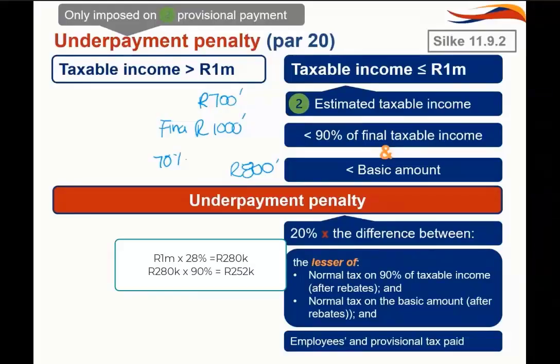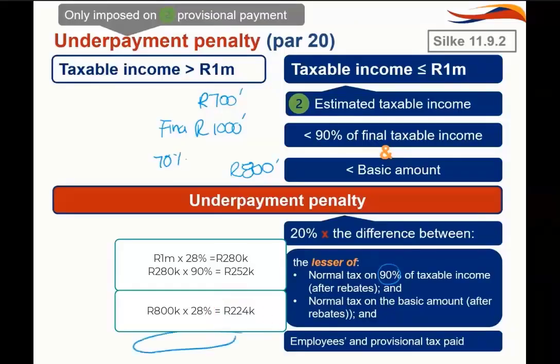Normal tax on that would have been 28%, and they want 90% of that. And normal tax on the basic amount. So normal tax on this basic amount, okay, not times 25, not times 90%. So if we had 800,000 times 28%, we need to, from these two, decide which is the lesser.